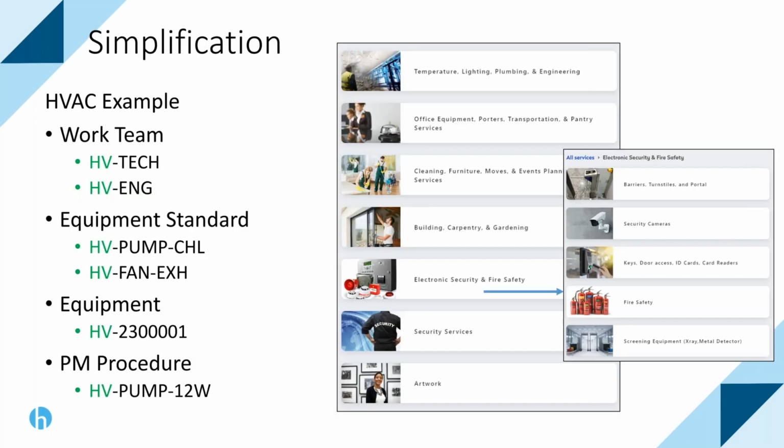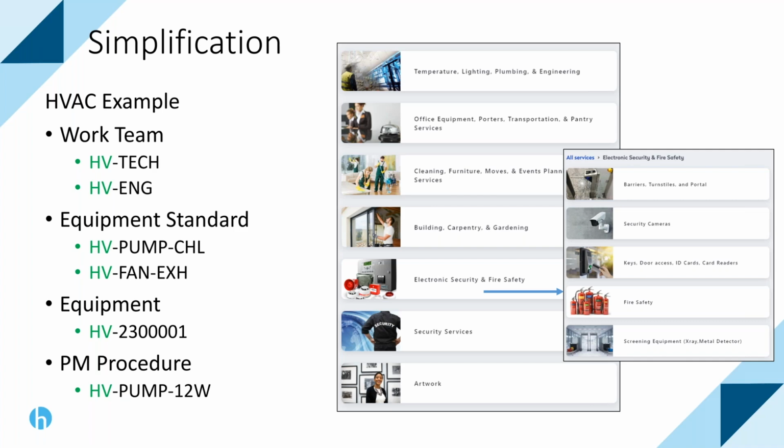So here's an example. In Archibus, you have to set up a variety of different data types to manage your assets and provide operations and maintenance. Those data types are things like the work team, the equipment standard, the equipment, and PM procedure. And very simply, what I tell people sometimes is just add the prefix to the beginning of all of these things that you're doing. So if you're setting up HVAC or air conditioning, add the HV prefix to just about everything.